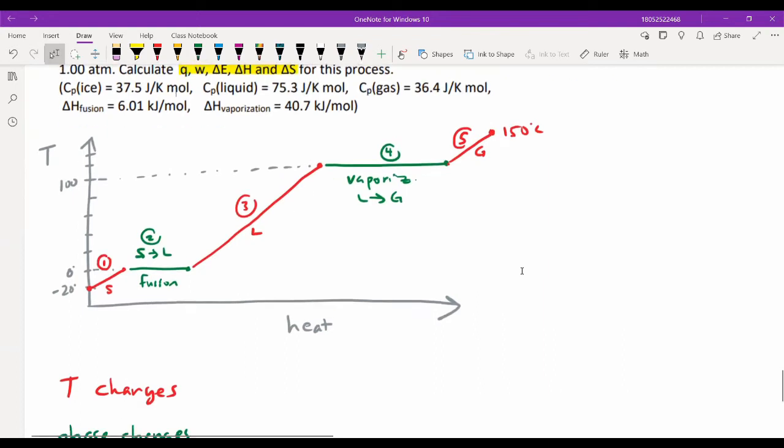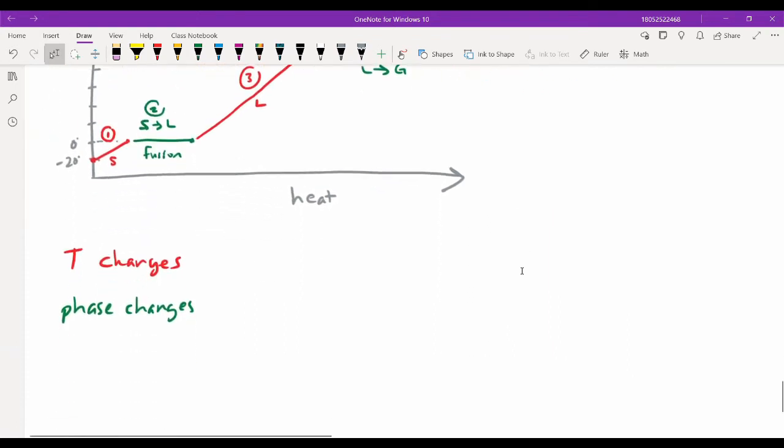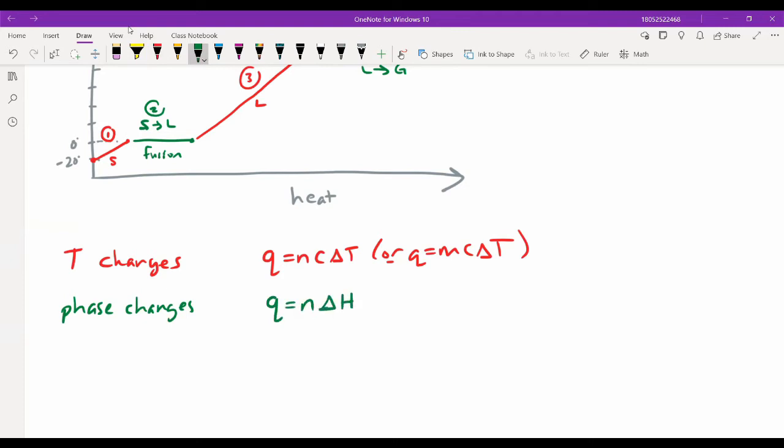So we'll start with Q, and for Q, we're going to use either NC delta T or MC delta T, depending on the units. That would be your equation or equations for temperature changes. And for phase changes, we're just going to use the enthalpy of that and multiply by the moles.